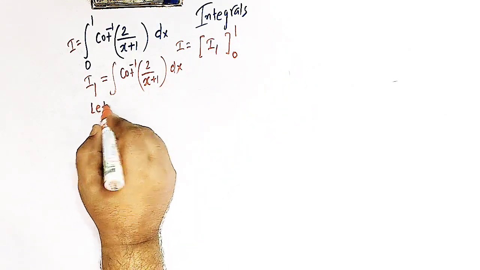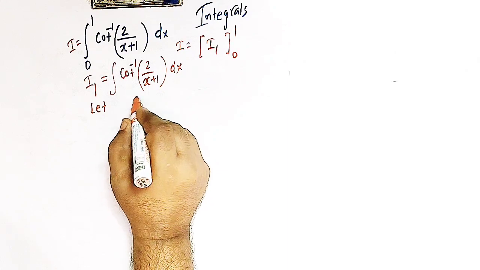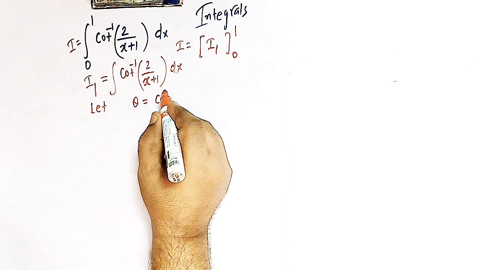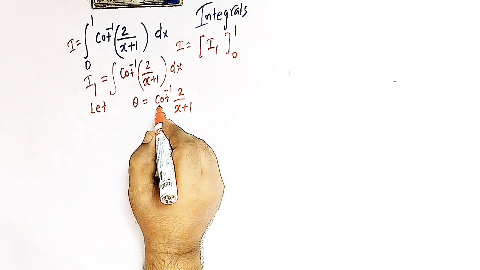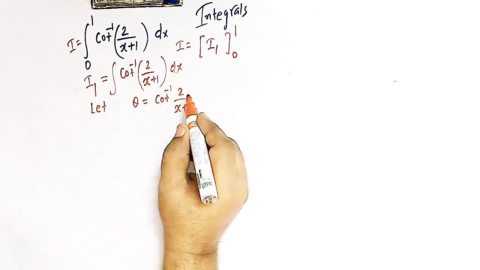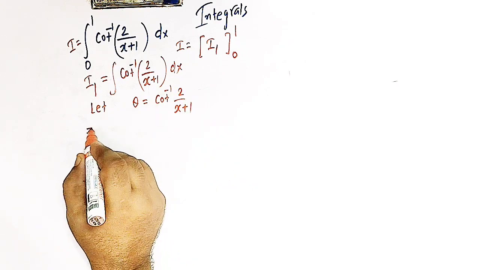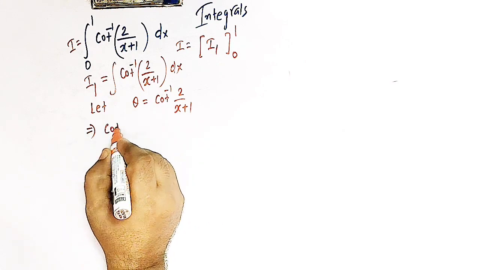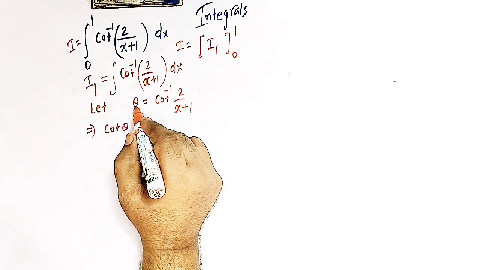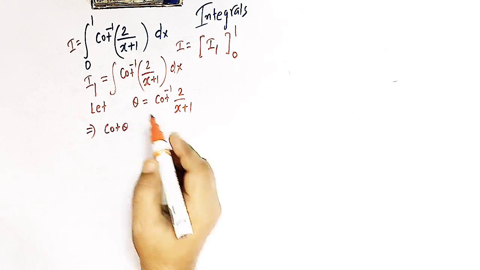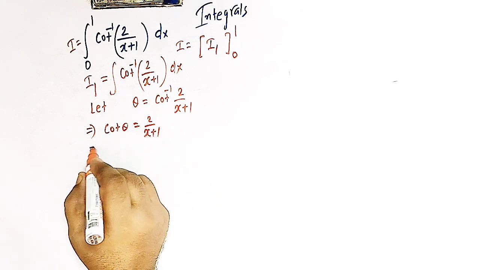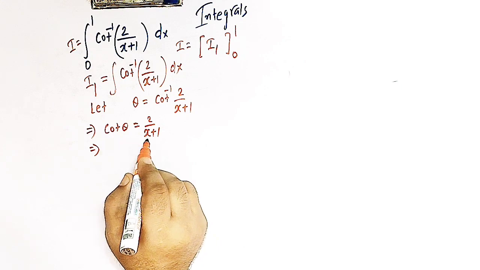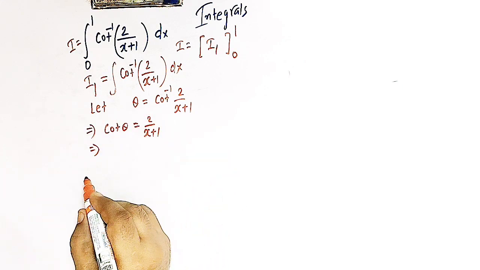So let us make this substitution, that is theta is equal to cot inverse 2 over x plus 1, right? So theta is equal to cot inverse 2 over x plus 1. So we can now write cot theta, taking cot inverse to the left hand side. So we have 2 over x plus 1, right? So let us find the value of x in terms of theta.